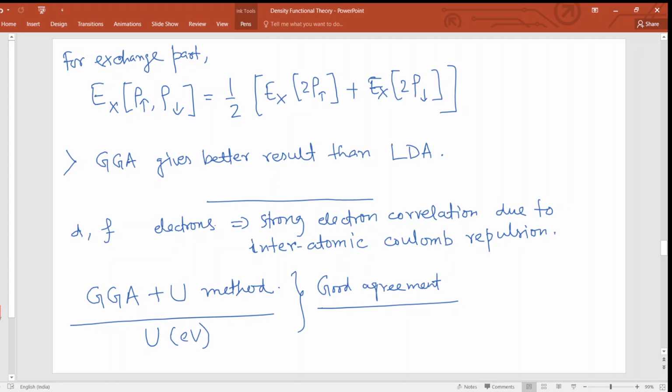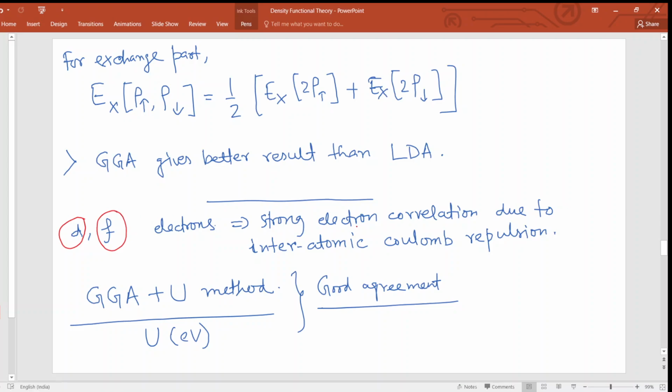So in a very simple or crude manner, we can just write that the exchange correlation functional will be half of the contribution from the rho up and rho down parts. And it is observed that GGA, of course, gives better results than LDA, specifically for d and f electrons, meaning materials which have d electrons, like transition metal elements, or f electrons, like lanthanides and actinides.